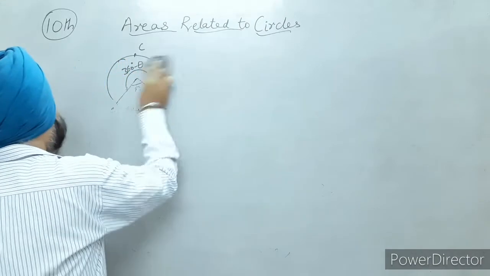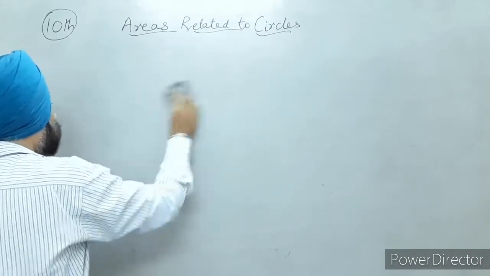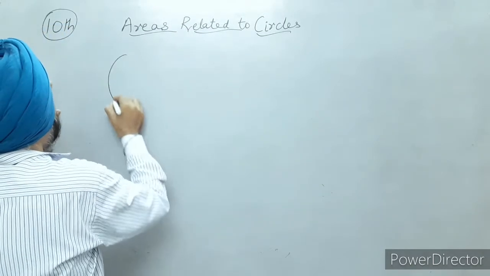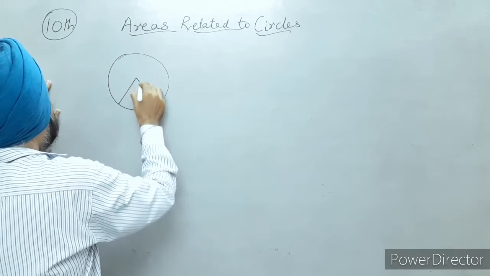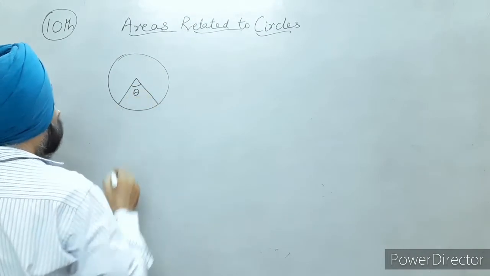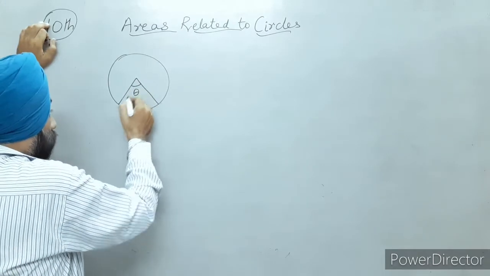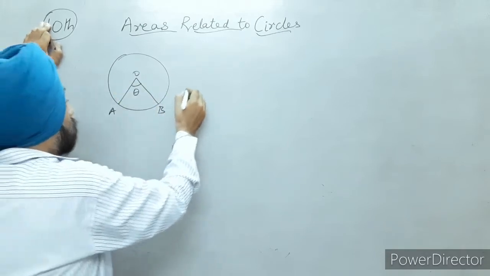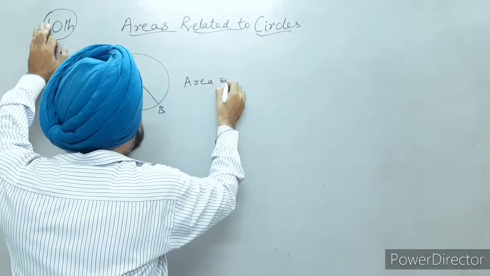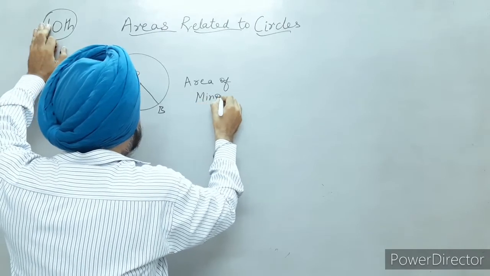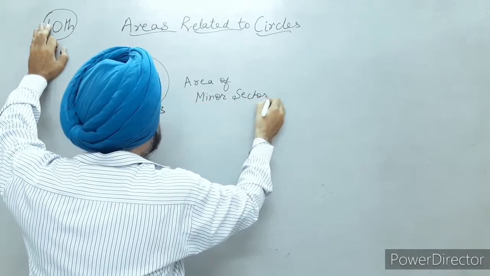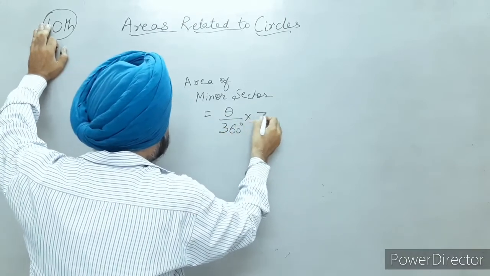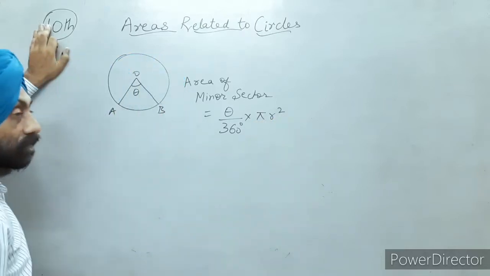Now, the same figure in the same background. This is the minor sector. OAB is the minor sector. Now the area of the minor sector is theta upon 360 degrees into pi r square, right?